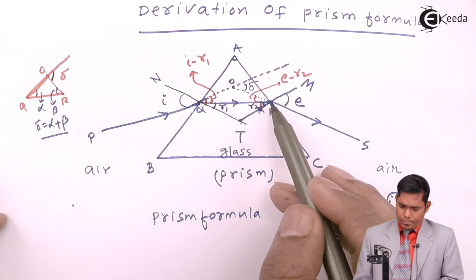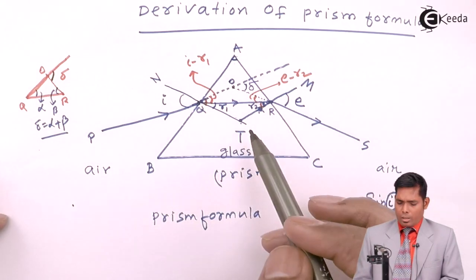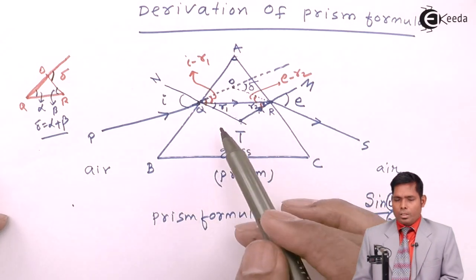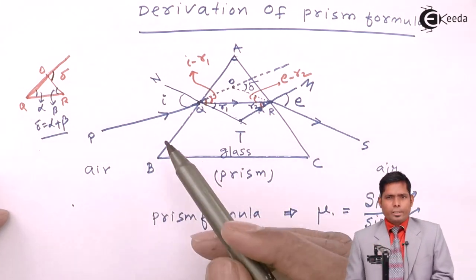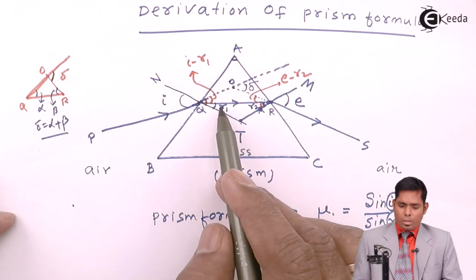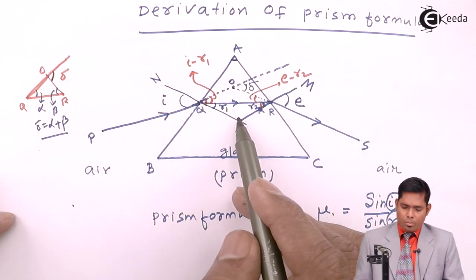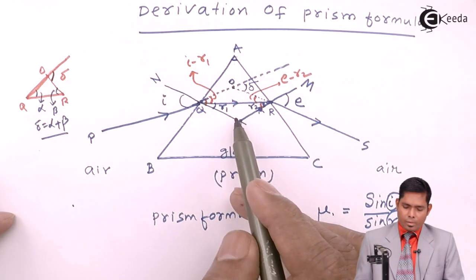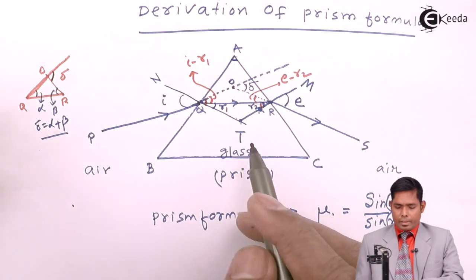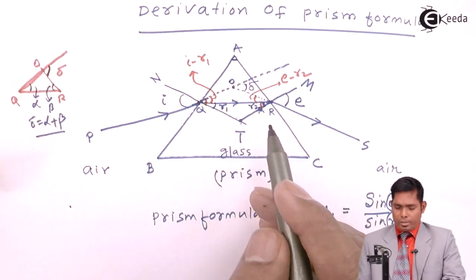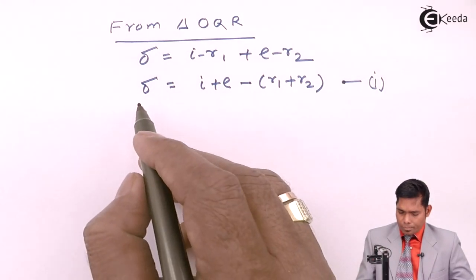This triangle QTR. Sum of three angles is 180 degrees in a triangle. So therefore, R1 plus R2 plus this angle T is 180 degrees.